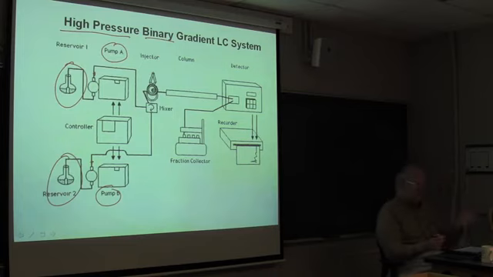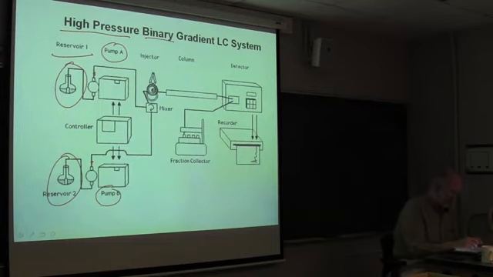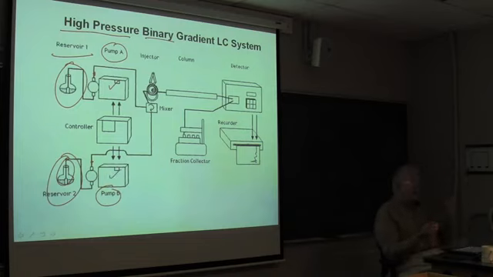The amount of this solvent that we draw depends upon the flow rate of this pump, and the amount from this depends on what the flow rate is from this pump. So we have to have a device that controls the flow rate because we want to change the relative amount of solvent A and solvent B as we go through the run.